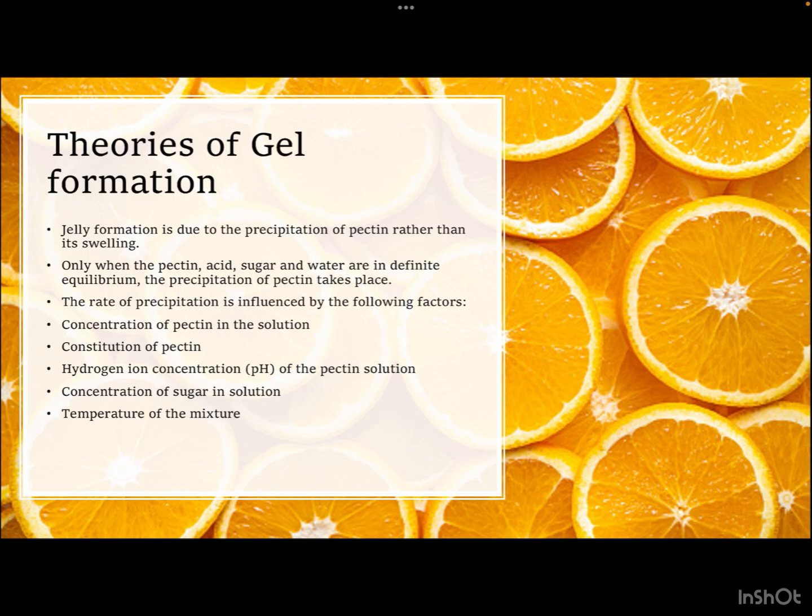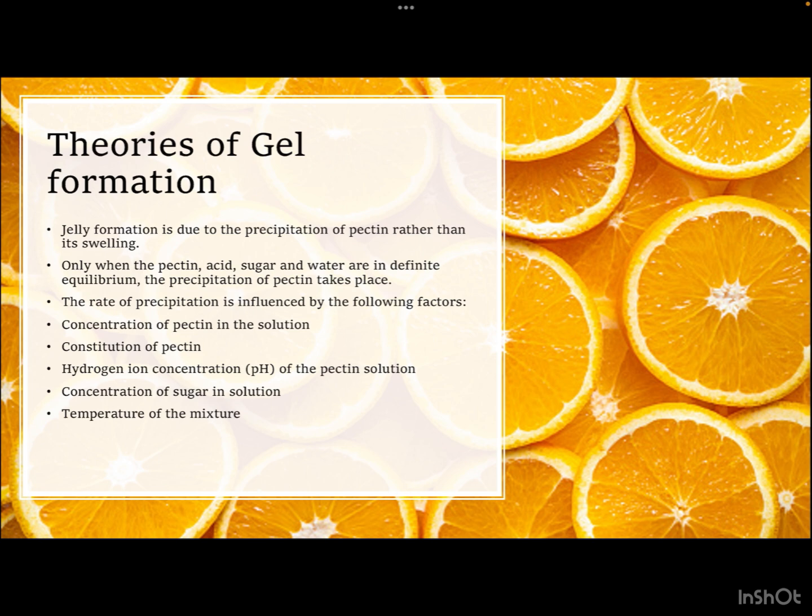When we talk about theories of gel formation, we need to understand the basic principles which have laid down the formation of various theories. So it is said that jelly formation or gelling of sugar, acid and fruit mixture is due to precipitation of pectin, that is the polysaccharide we use for setting the jam or jelly, rather than its swelling.